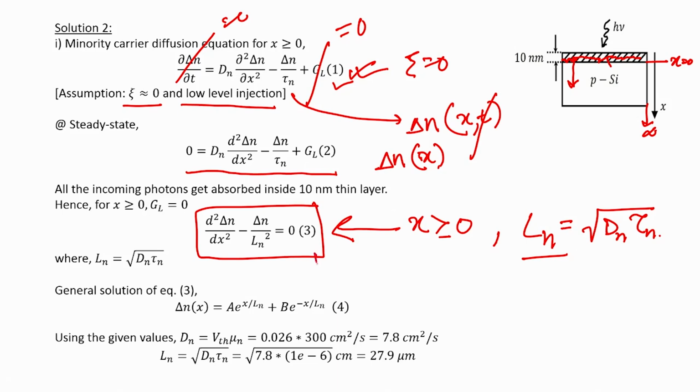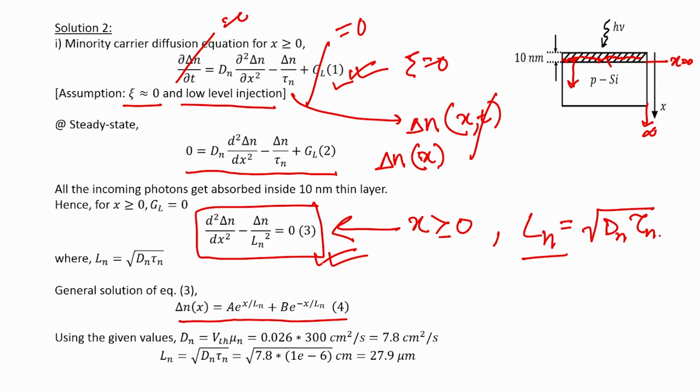Now, basically we have to solve this differential equation under a particular boundary condition. So, what will be the general solution of this equation? This general solution will be given as A e to the power x by Ln plus B e to the power minus x by Ln.